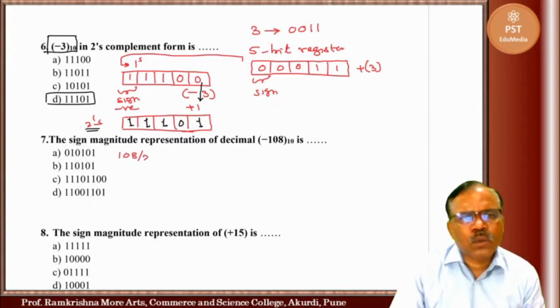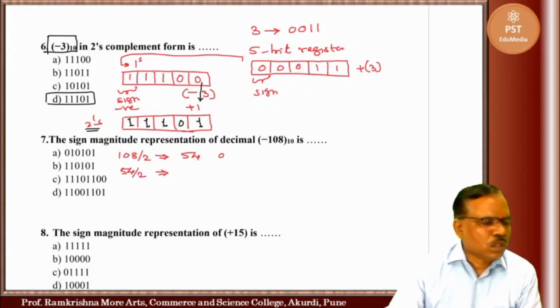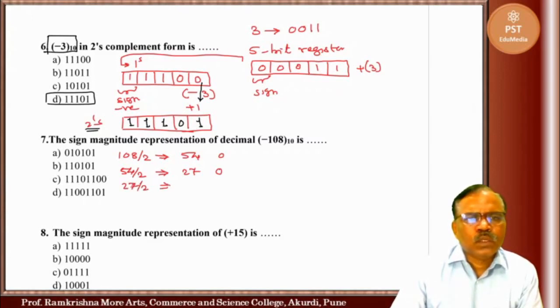108 by 2, now division is 54, remainder is 0. Now 54 by 2, it is 27, remainder is 0. Now 27 by 2, it is 13, remainder is 1. Now 13 by 2, it is 6, remainder is 1.